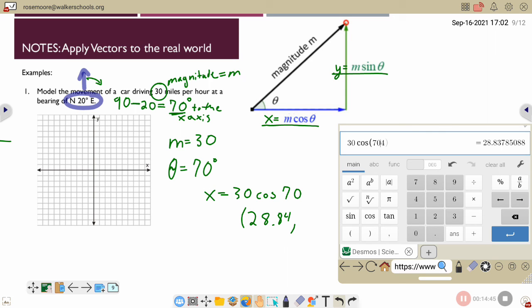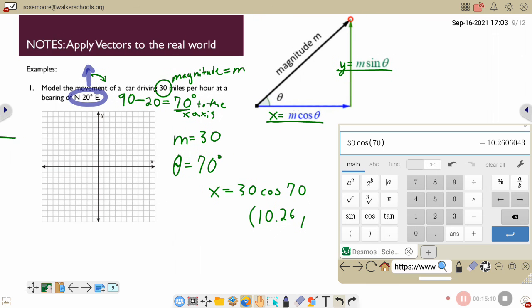I know we're going to have to round on our coordinate plane. Oh, that's 704. That's wrong, isn't it? Oh, I'm so sorry, guys. So I'm going to get 10.26. I'm so sorry for the incorrectness. I typed 704 instead of 70. Please don't make that mistake. All right, that's my x value.